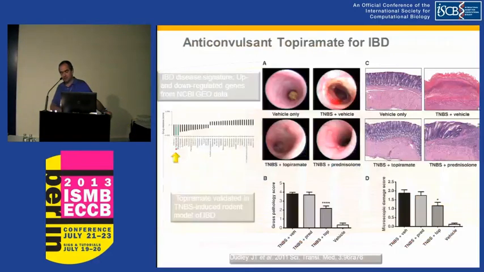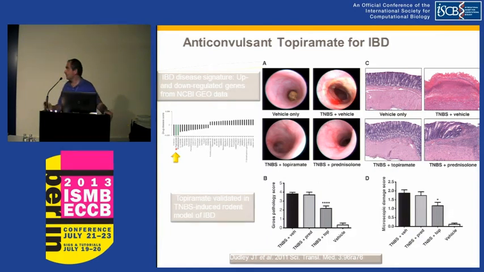Here is one example that came out of the lab of Atul Butte at Stanford, and there are several examples in the literature now. This one is for IBD. They found a negative profile for IBD with something called topiramate, and you can see the negative profile here. It's all very nice, but of course you want to check and do some validation.